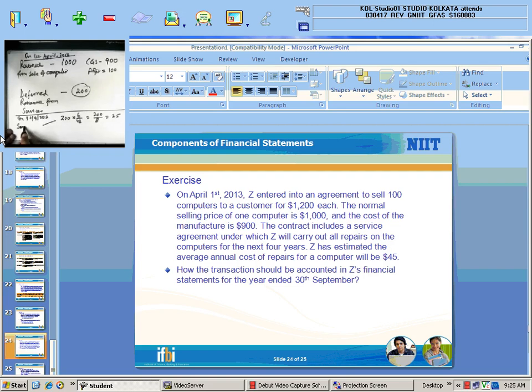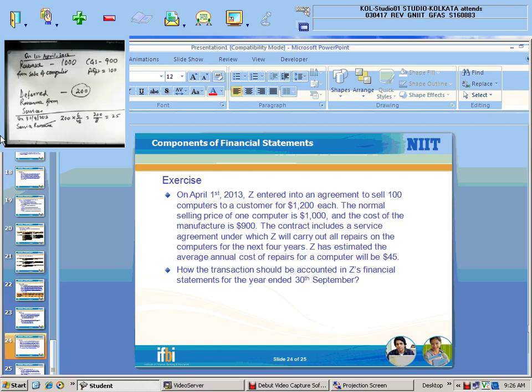So the deferred revenue from services account will be debited and the service revenue account will be credited with $25. This was the deferred revenue on 1st of April 2013, but on 30th September 2013, a part of it has been earned due to passage of time, that is 6 months, because the contract is for 48 months.